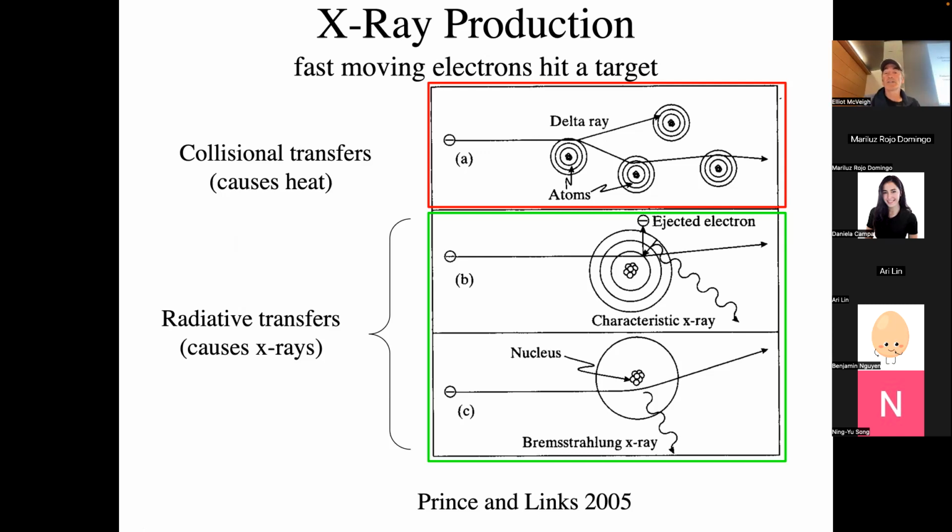And so there's a momentum change in the electron. It'll slow down and change its direction. And in doing so, in that interaction, a photon is created, right? And so these bremsstrahlung photons are the primary source of X-rays coming out of our X-ray tubes, right?